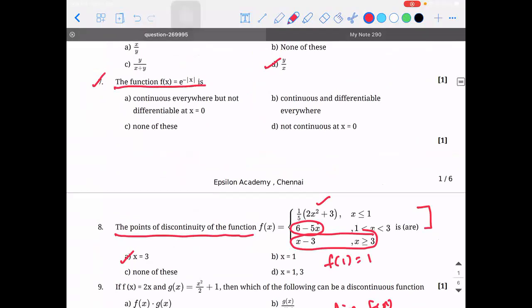So the function f of x is equal to e power minus of mod x. Is it continuous everywhere? First of all, when you have a modulus function, what are we supposed to do?